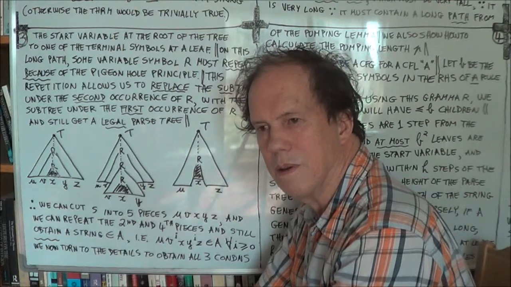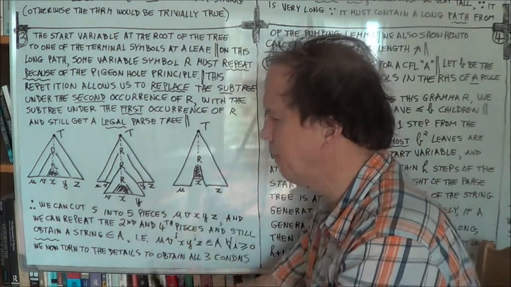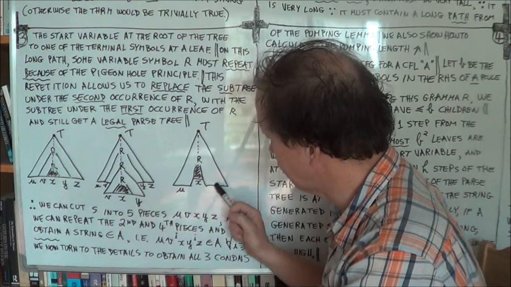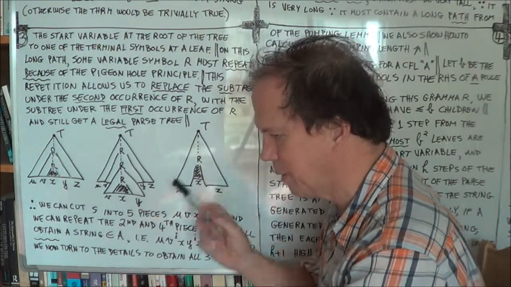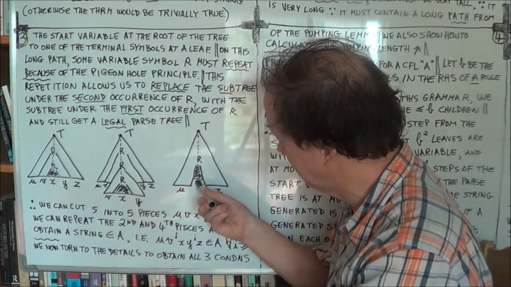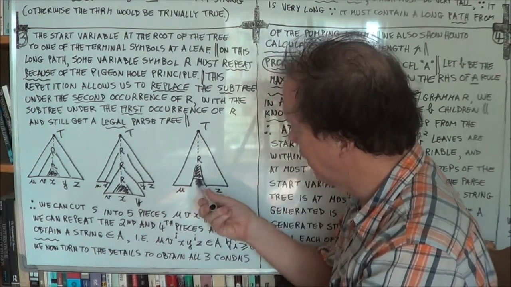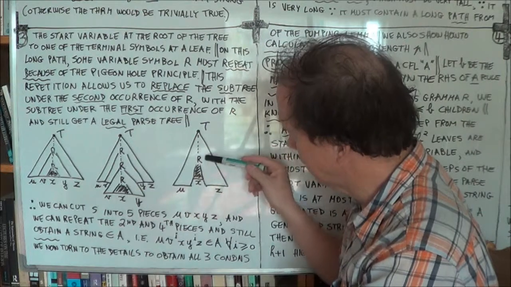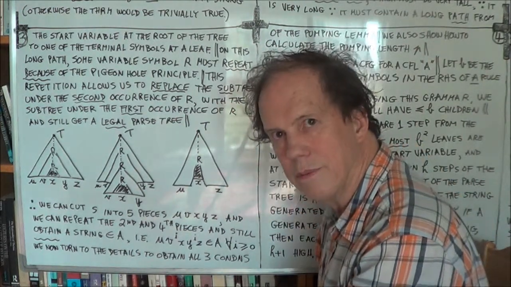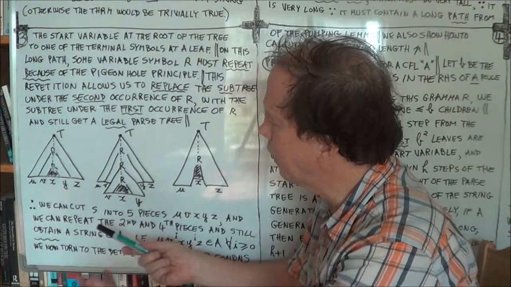So it's allowed. That could be a legitimate string found by the grammar. Why? Well, because this X here, that substring, was found by the grammar starting from the variable R. Now we could go the other way.